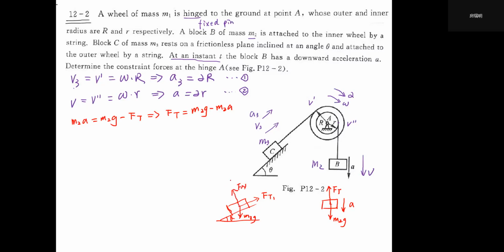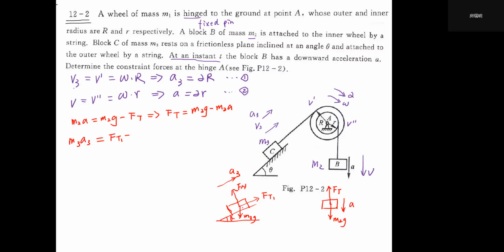But along this direction, which is parallel to the slope, it has a3, right? So we only need to give the expression along this direction. So we have m3 a3 equal to what? Ft1, right, minus what?